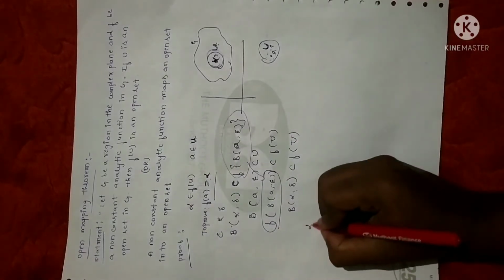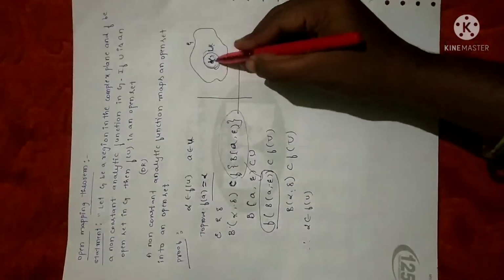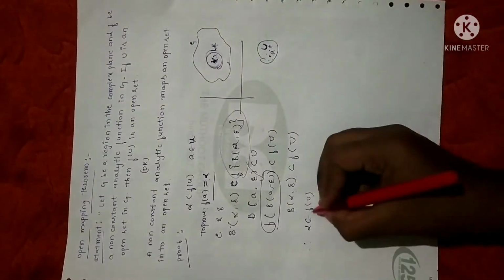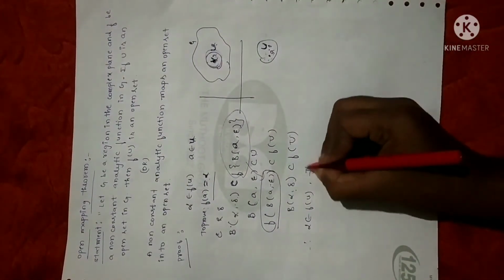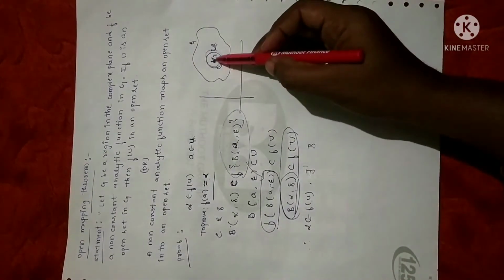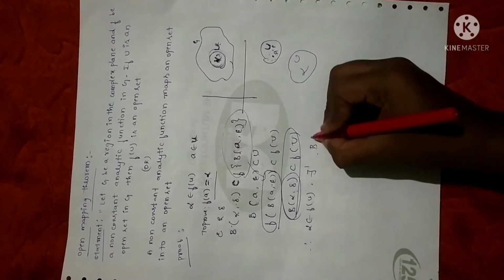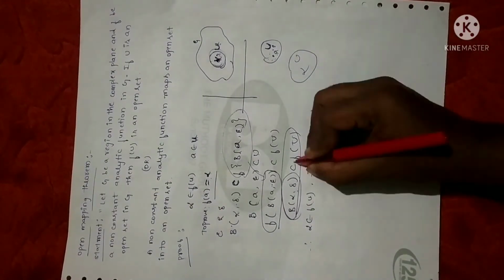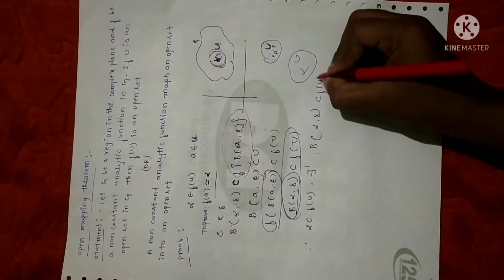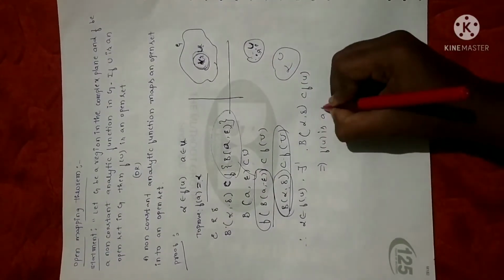Now for each alpha belongs to f of U, there exists an open disk B. The meaning of this statement is, for each and every element in an open set U, there exists an open disk such that B of alpha comma delta is a subset of f of U. Meaning is, f of U is an open set.